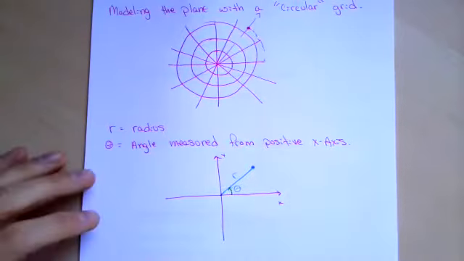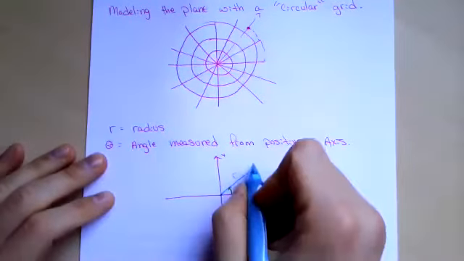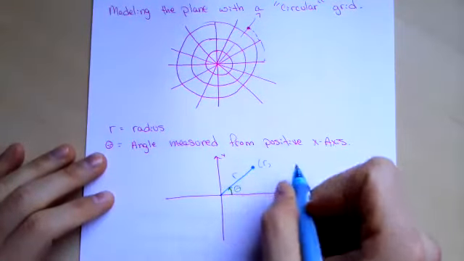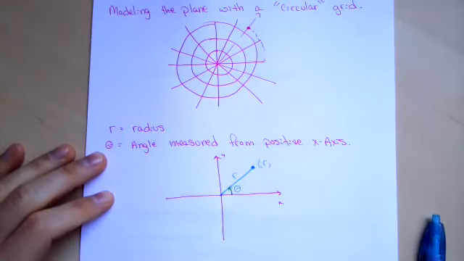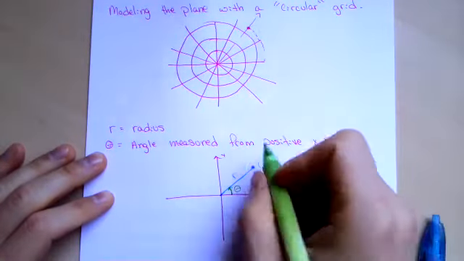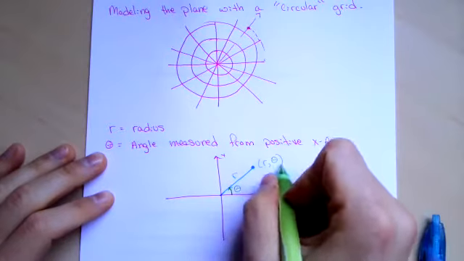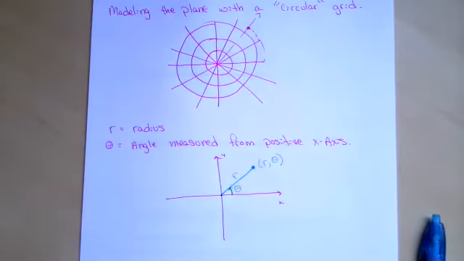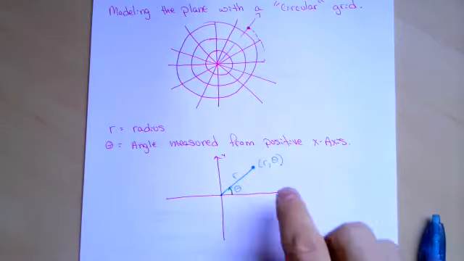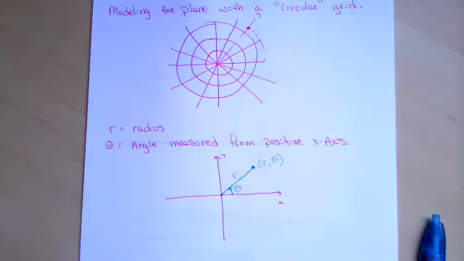We list the point as an ordered pair, just like x and y, but it's going to be (r, theta). It should be given in context if we're using polar coordinates, because an ordered pair could be polar or rectilinear. It's going to have to be specified.